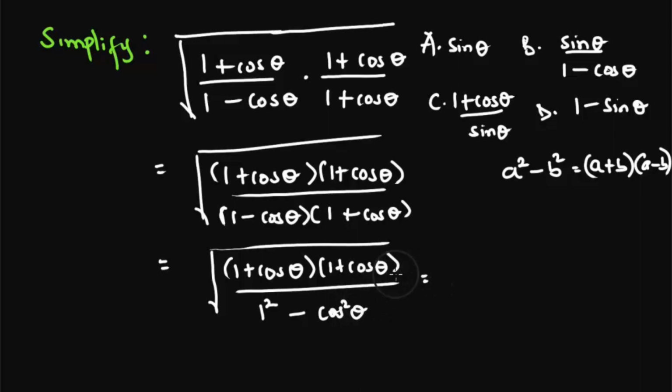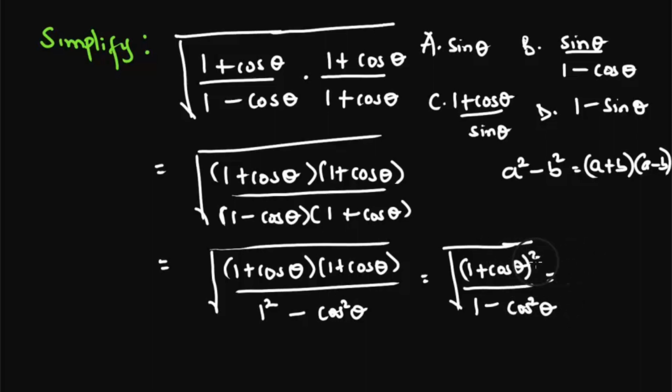I can rewrite my numerator as 1 plus cos theta all squared, multiplying this and this, divided by 1 minus cos squared theta. Now I can write this in such a form that my numerator takes the square root of 1 plus cos theta all squared, and my denominator also takes the square root of 1 minus cos squared theta.